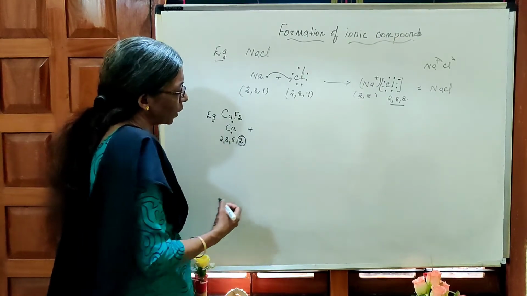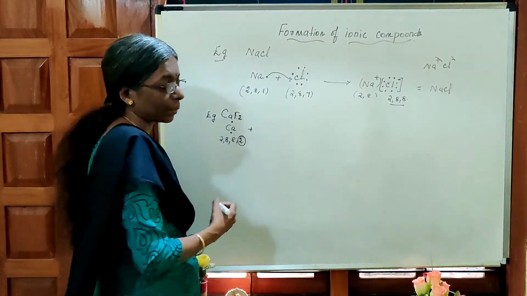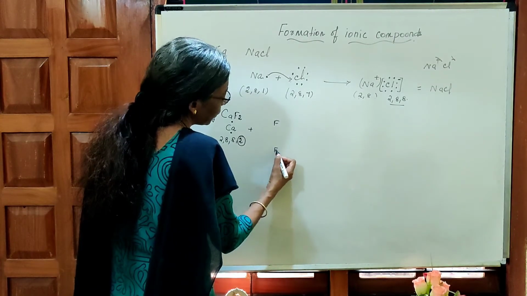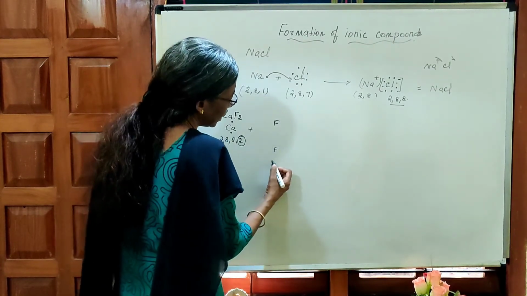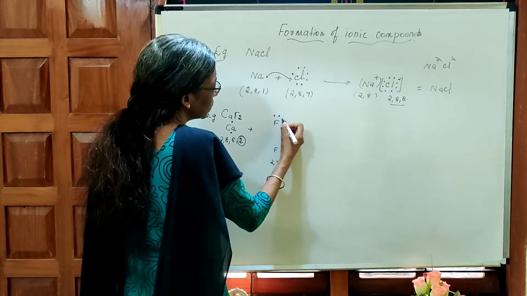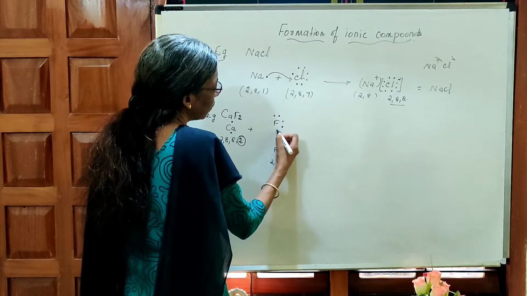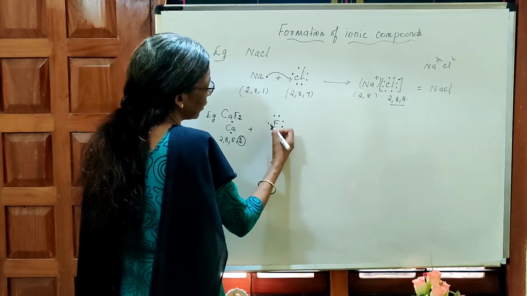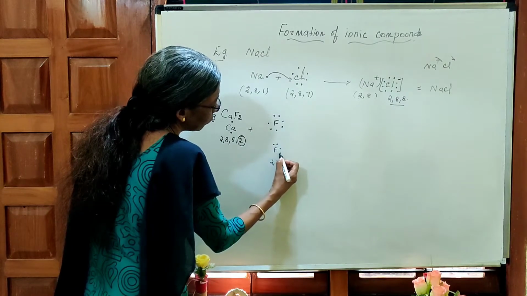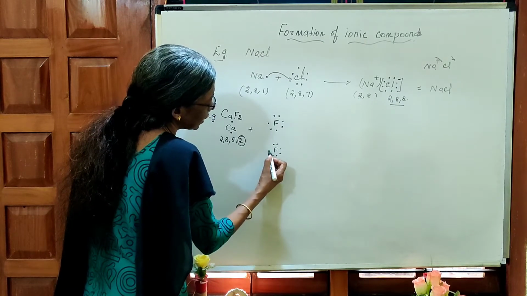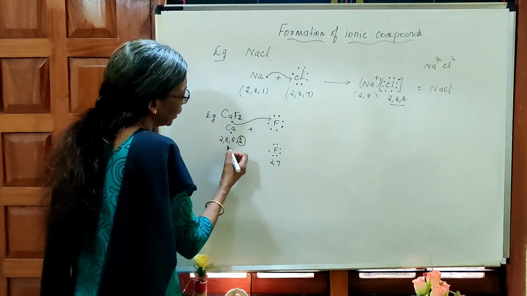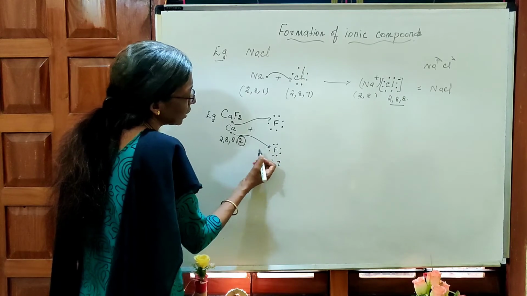Fluorine: two fluorine atoms are there, so we write one fluorine here and another fluorine here. The electronic configuration of fluorine is 2, 7, so 1, 2, 3, 4, 5, 6, 7 for each. One electron is given to this fluorine atom, and the other electron is given to the other fluorine atom.